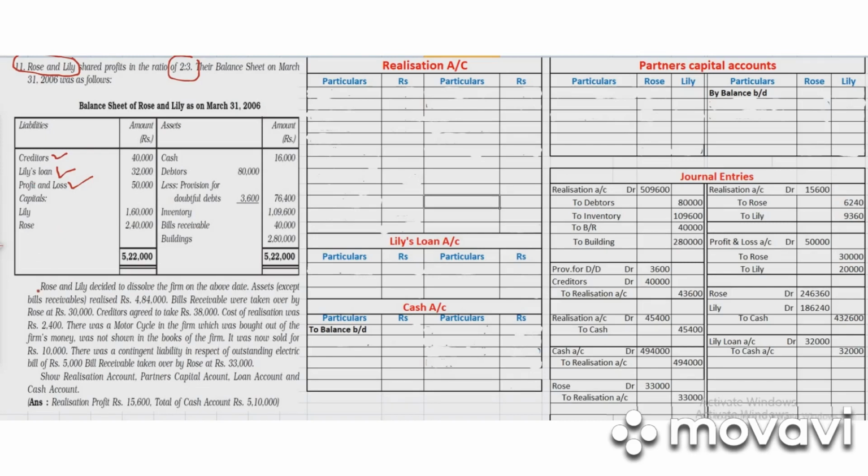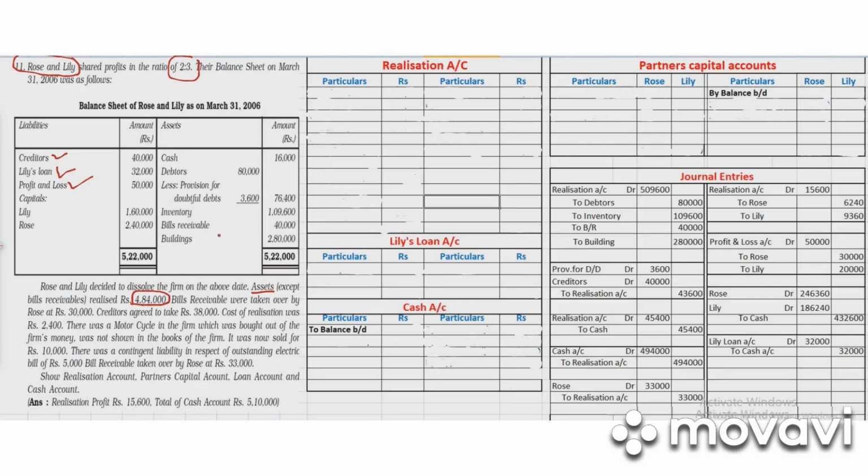Okay, now you read the adjustments. In the adjustments, it is very clearly given that they are dissolving the firm, and assets except bills receivable realized rupees 84,000.